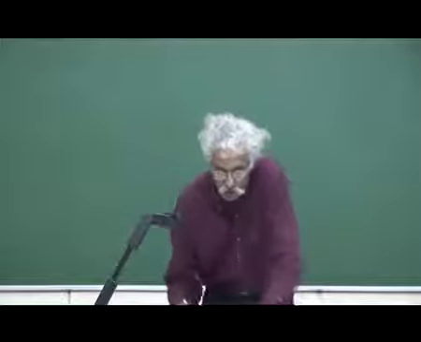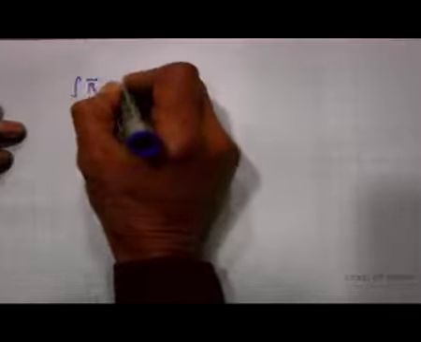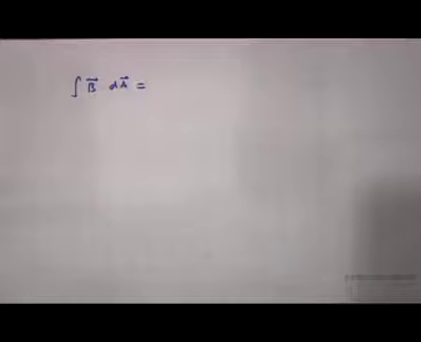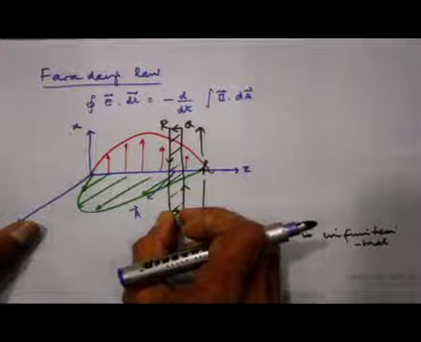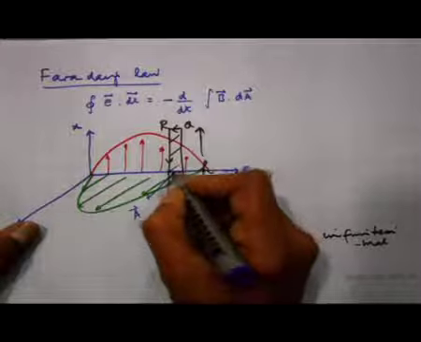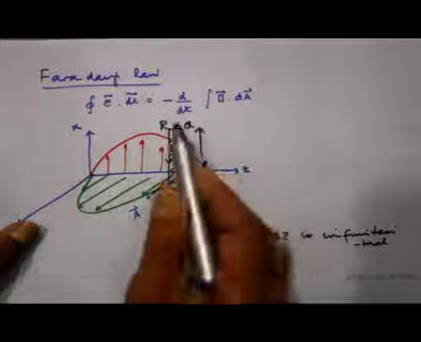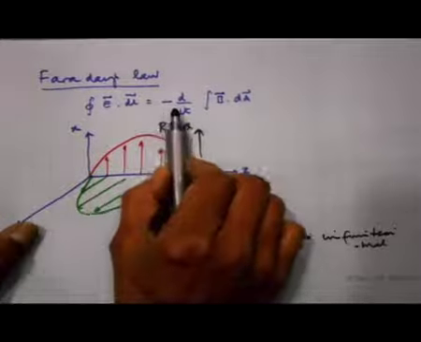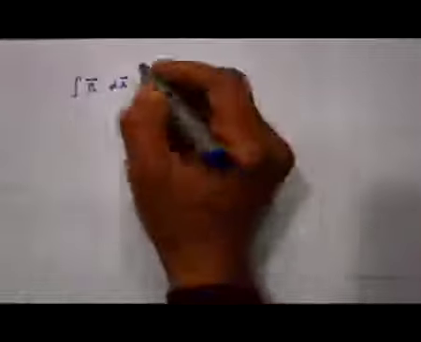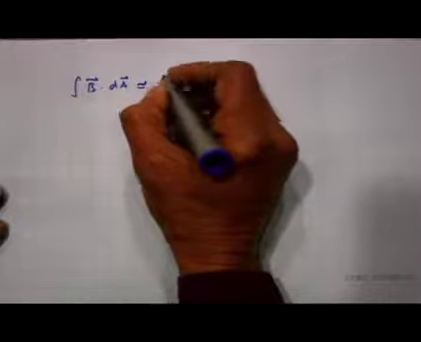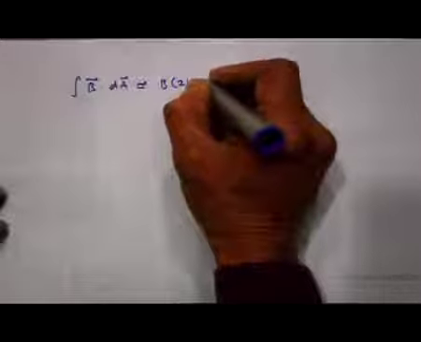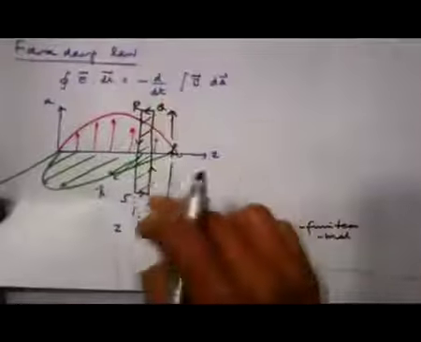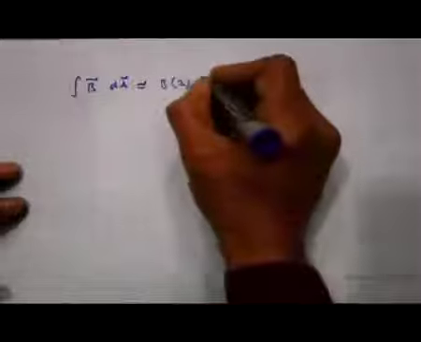So, I can immediately calculate integral B dot dA. Now remember delta z is a very small quantity, and so I can assume that the magnetic field is almost constant between z and z plus delta z. In this area, the magnetic field is almost constant. So, this is approximately equal to the magnetic field at z into the area of this entire loop, which is h times delta z.